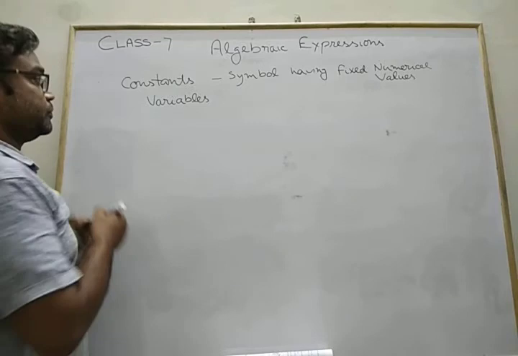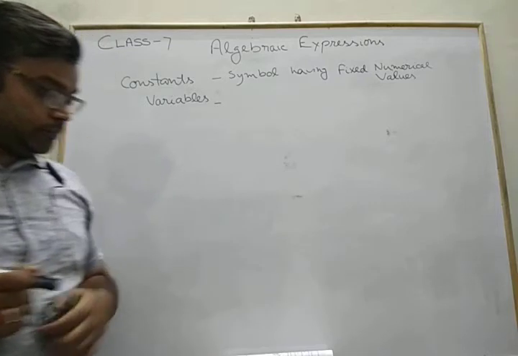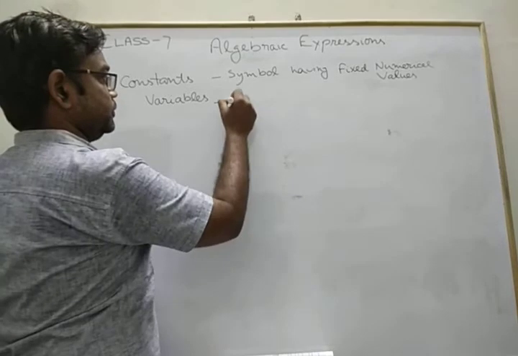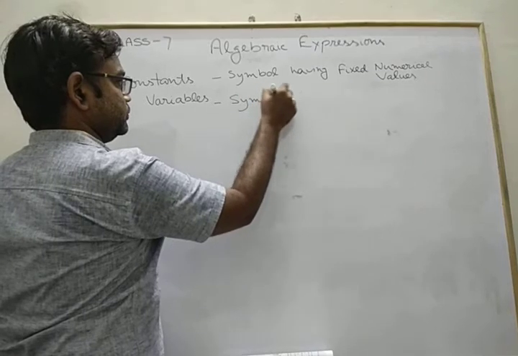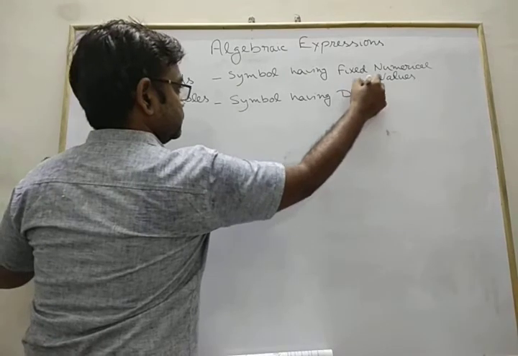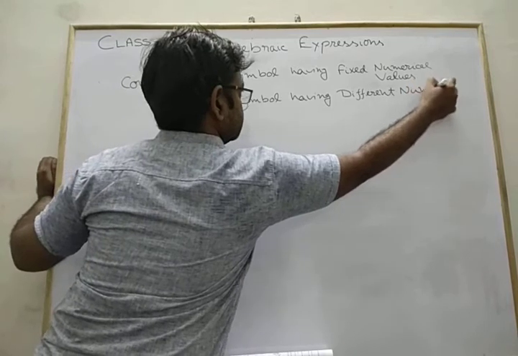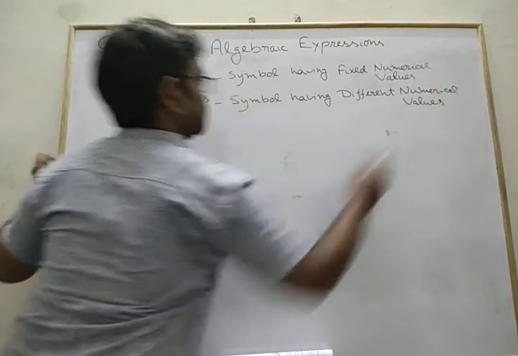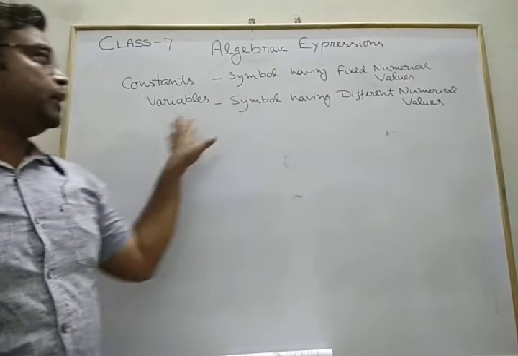Variable: if the value of a symbol changes, meaning symbols having different numerical values, they are known as variables because they vary.